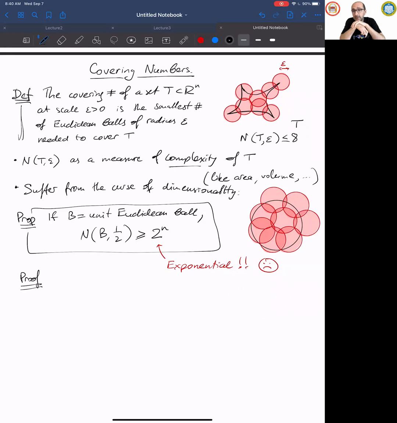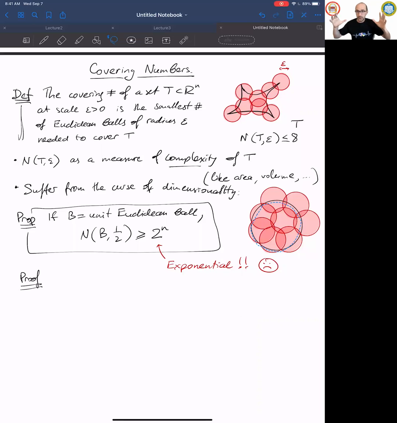It's really simple. The proof is just by comparing the volumes. Let's do it intuitively first. How much of the volume of the entire ball of radius 1 is contained in the ball of radius 1/2?